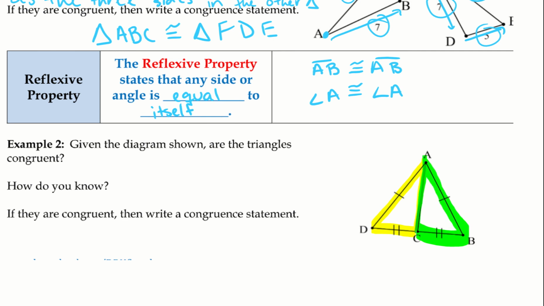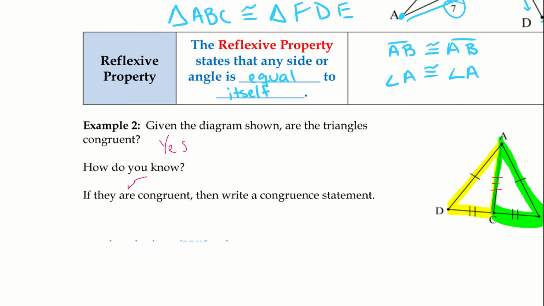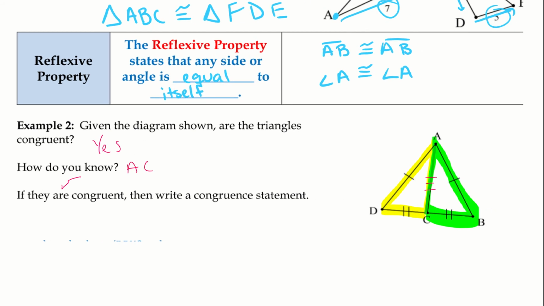They overlap at AC, and using that reflexive property, I know that AC is congruent to AC. So yes, they are congruent. How do you know? AC is congruent to AC with the reflexive property.